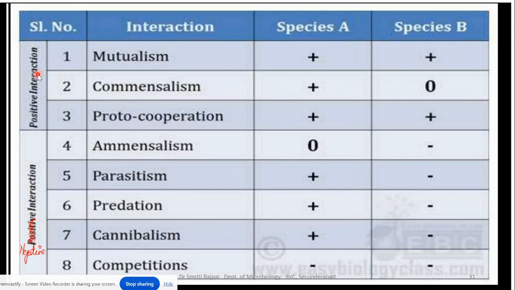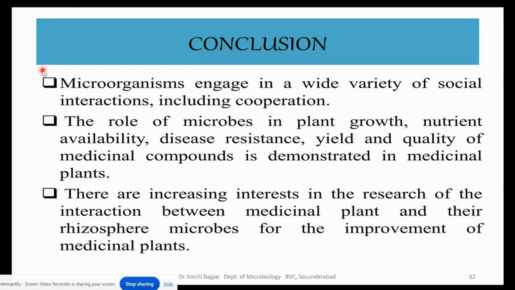We have studied all the types of microbial interactions. We can summarize that microorganisms engage in a wide variety of social interactions. The role of microbes in plant growth and nutrient availability has also been demonstrated. There is increasing research interest in microbial interaction between medicinal plants and their rhizosphere.